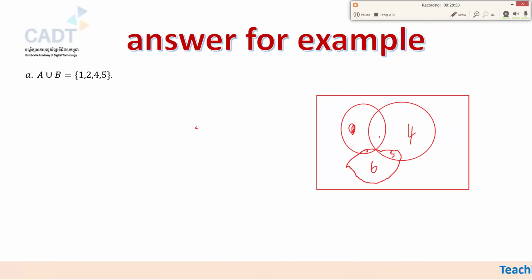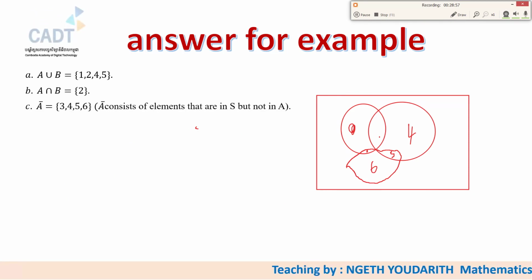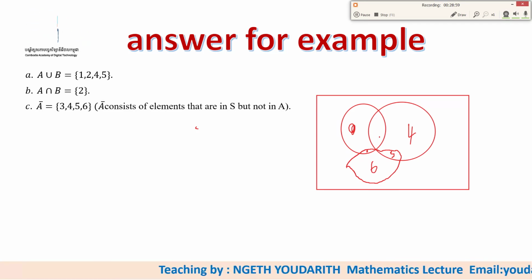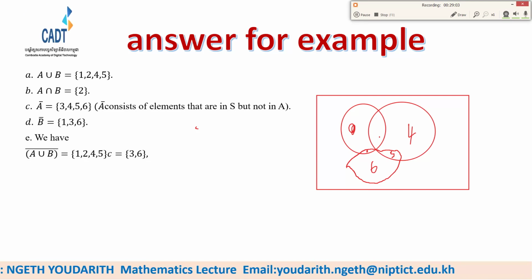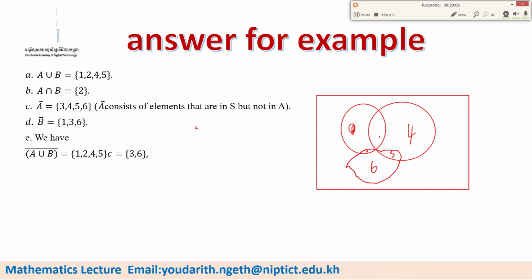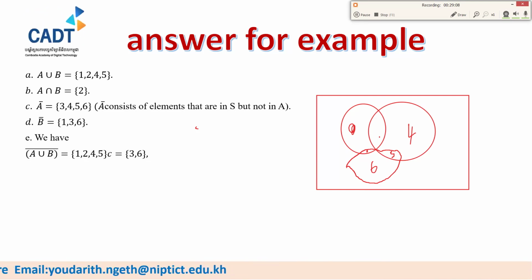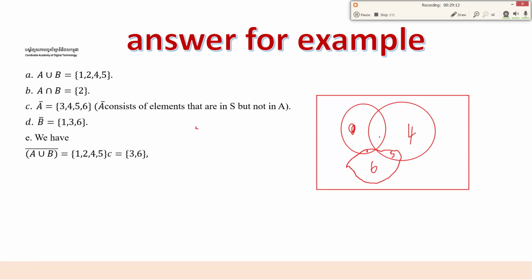A union B, A intersect B, A complement, B complement, and we have the complement of A union B, which is equal to the complement of {1, 2, 4, 5}.